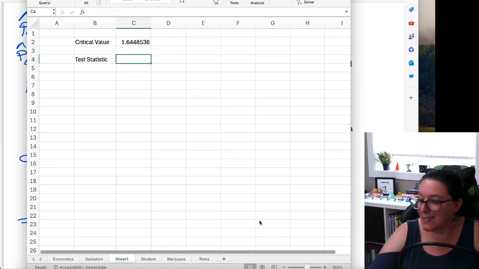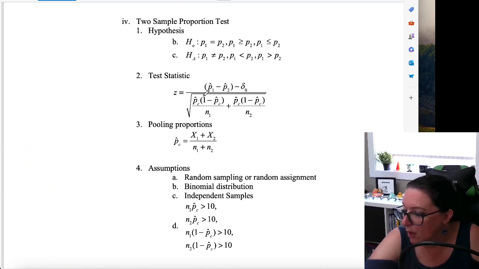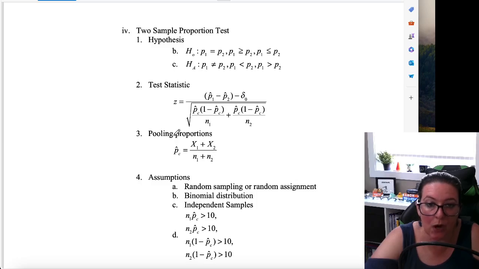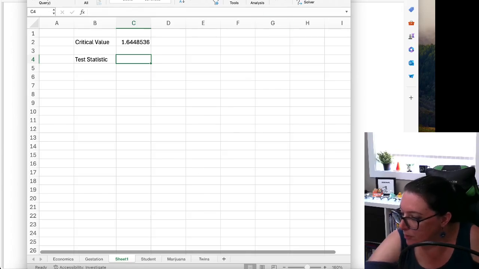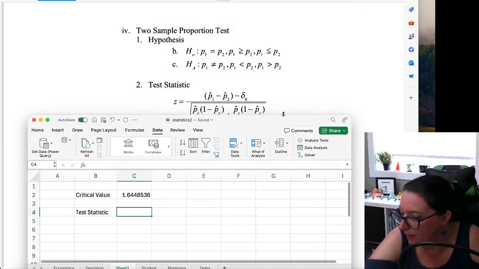Now we need a test statistic, which brings us back to our test statistic here. Let's do it in pieces. We'll start with pooling the proportions, x1 plus x2 divided by n1 plus n2.